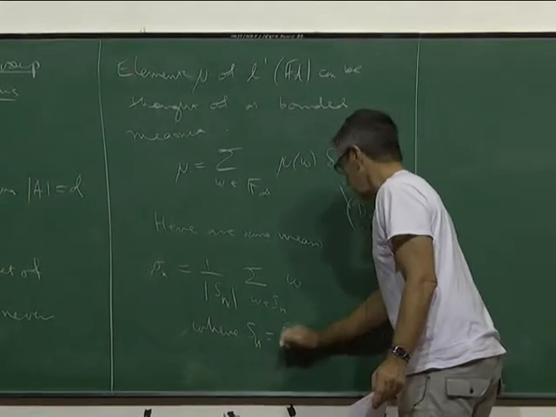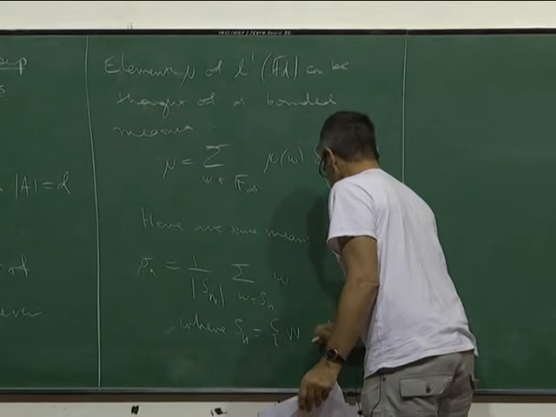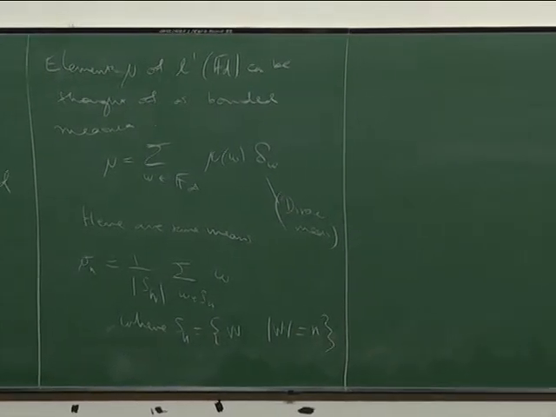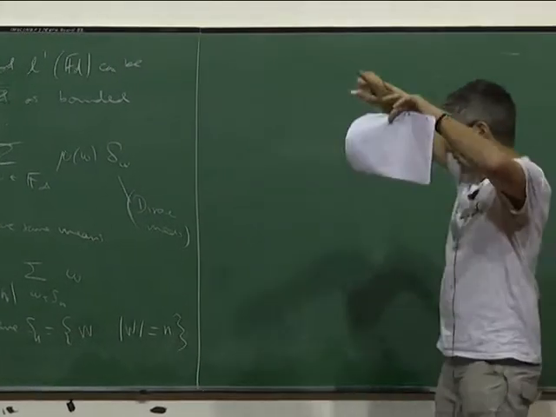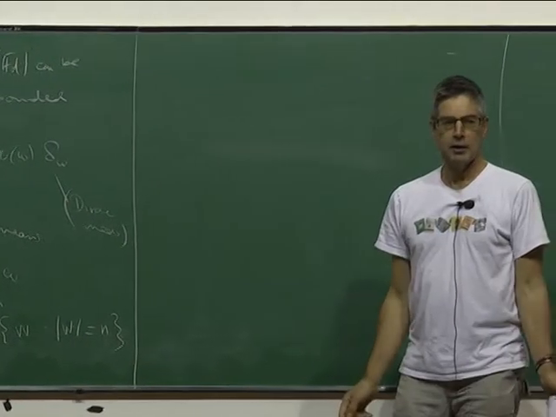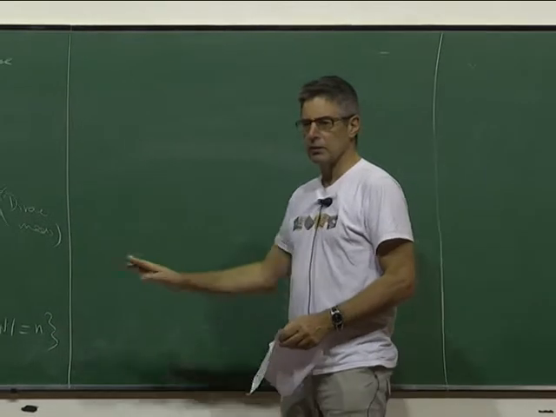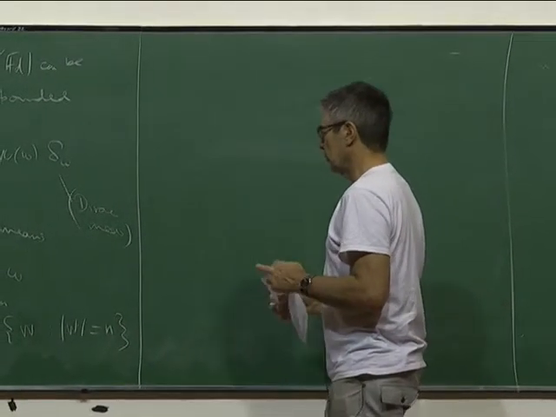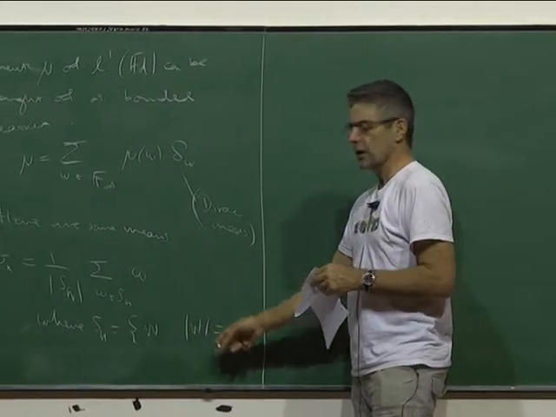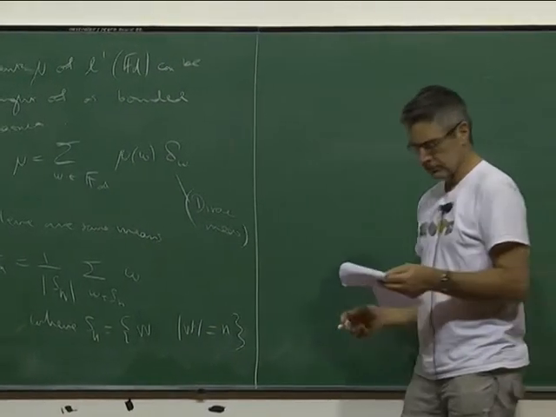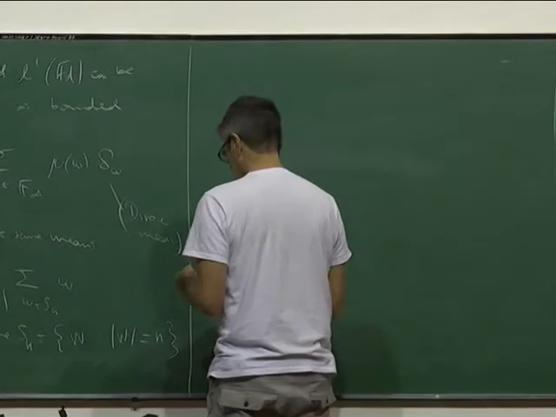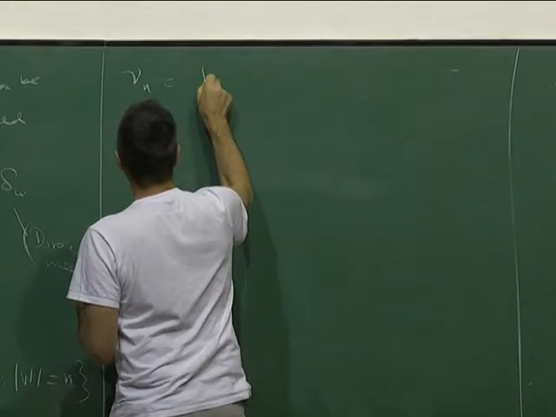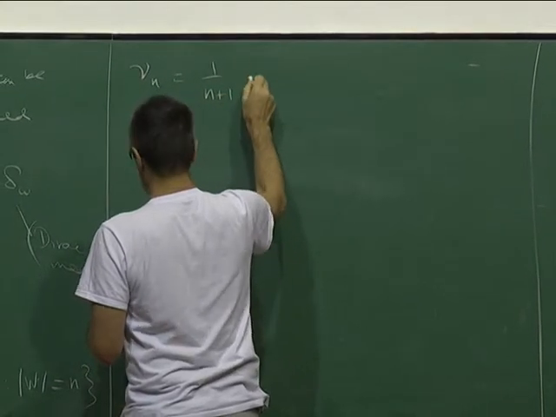So that's some kind of sphere, if you like. We'll think of these as spheres, and we're going to formulate our ergodic theorems in terms of adding up over these S_n's. I will also probably use nu_n, which is the Cesaro means of these things.